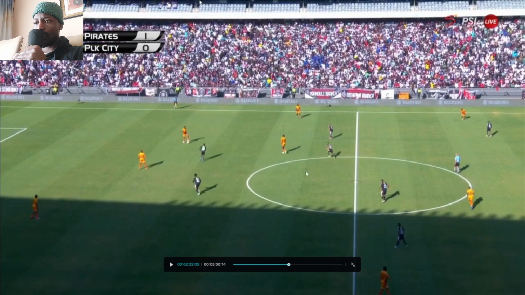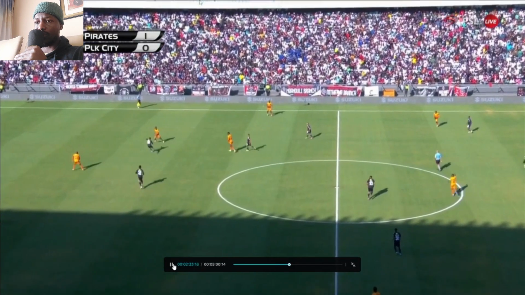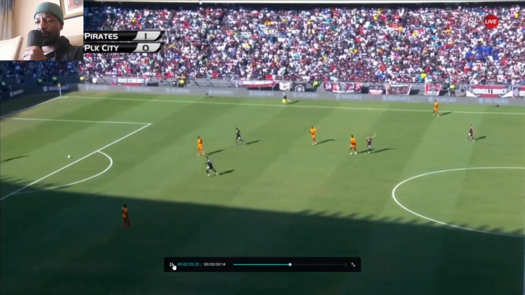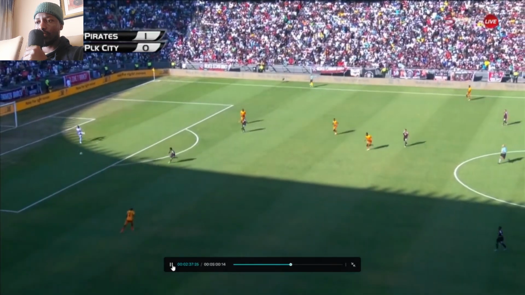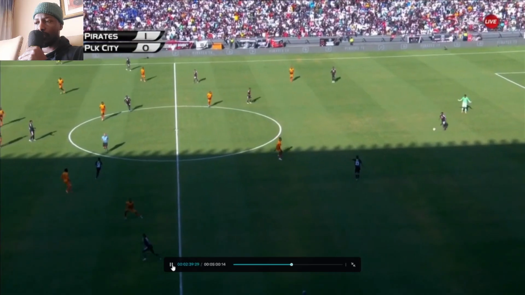Look at this, there's still space. If he was a quality player, this player could do something with the ball, but the quality let them down. So yeah, you see, there's still a lot of spaces.